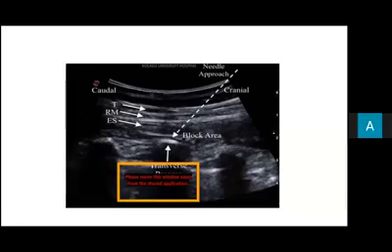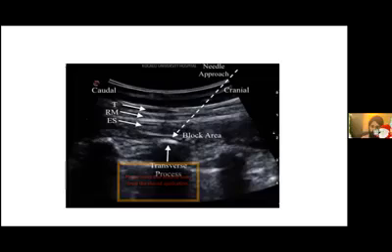We use the in-plane approach. We go down, holding the probe in vertical position, and hit the transverse process. The vertical height is mostly between 3 to 4 centimeters. We hit the transverse process and deposit the local anesthetic beneath the erector spinae.